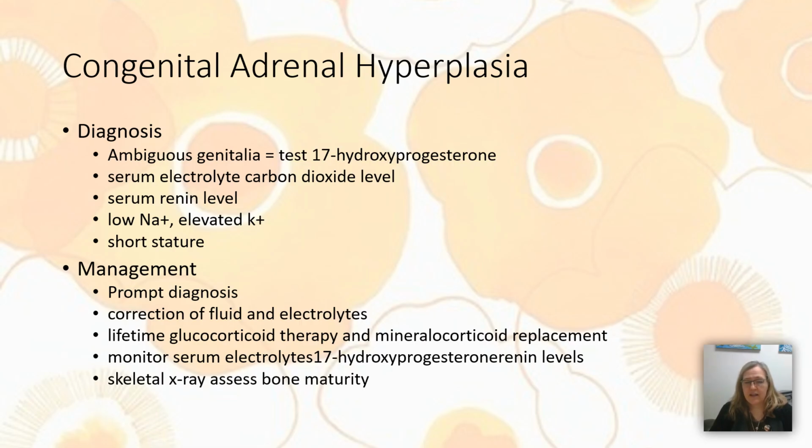But they also need lifelong corticosteroid replacement, because, like I said, without it, they can't respond to any illness that they might get. And then they also need to have a bone maturity x-ray to assess if the epiphyseal plates have closed on the child's bones yet.